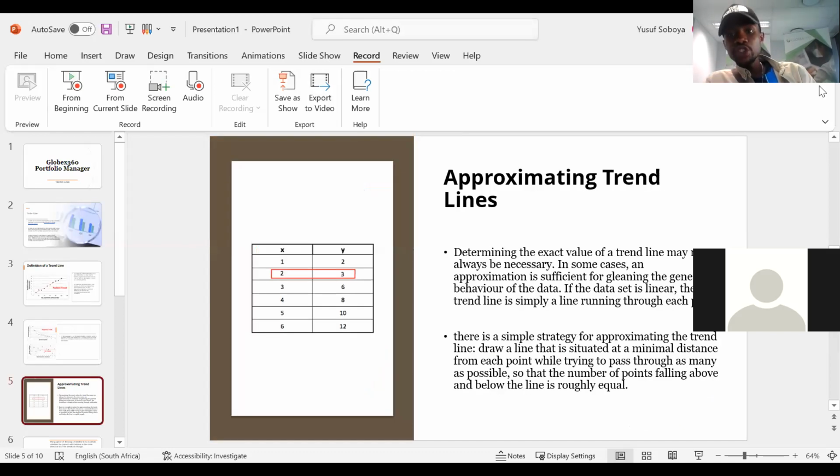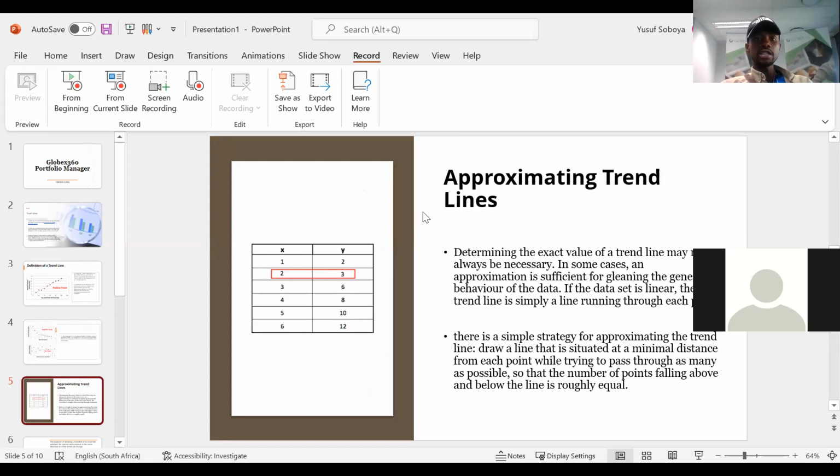So, approximating a trend line. Determining the exact value of the trend line may not always be necessary in some cases. An approximate trend line is sufficient for gauging the general behavior of the data. If the data set is linear, the trend line is simply a line running through each point, right?